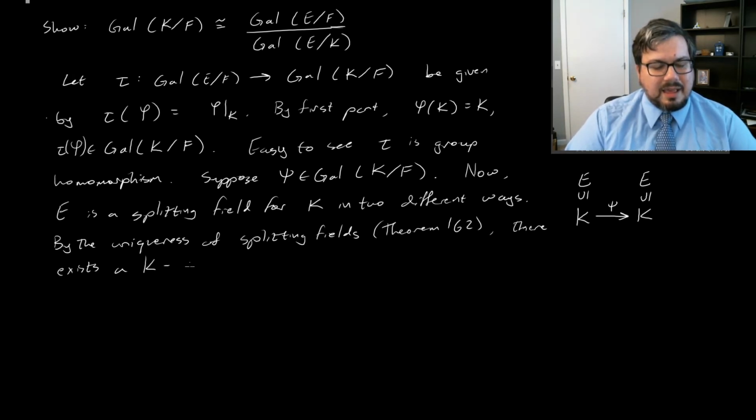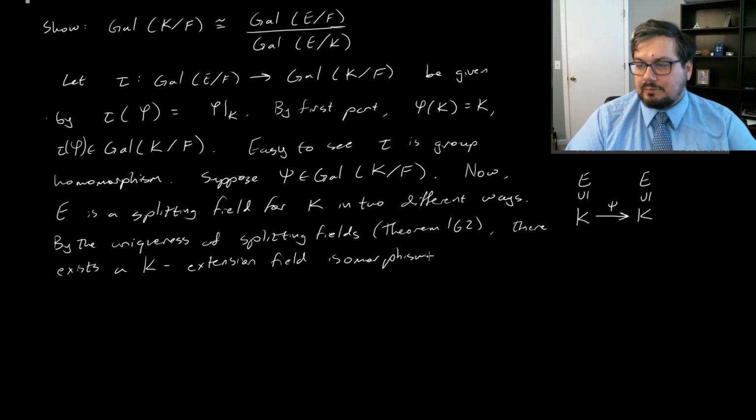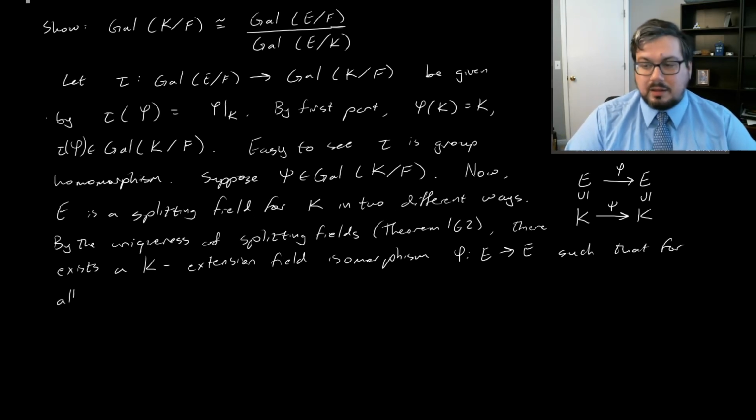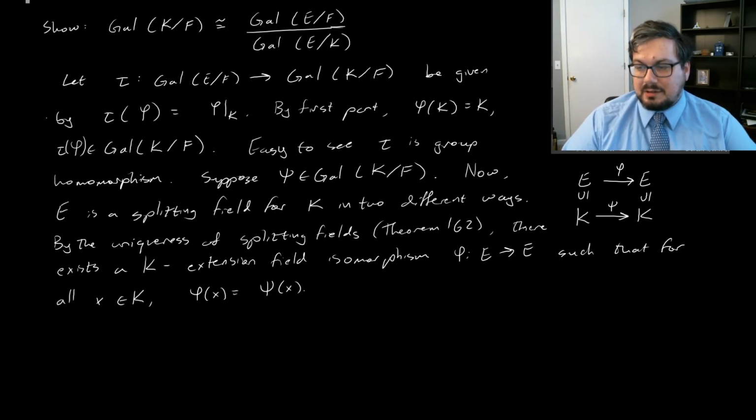a K extension field isomorphism phi from E to E such that for all x in K, we have that phi of x is equal to psi of x.